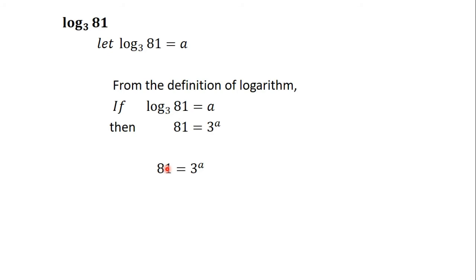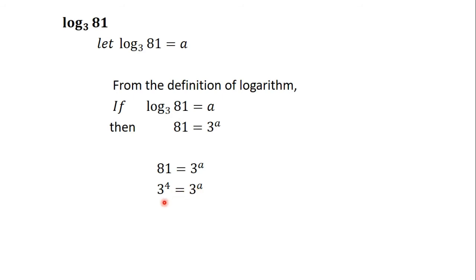From indices, we saw that we can express 81 in index form such that it has a base of 3, because 3 exponent 4 will give us 81. So if you write 81 in index form such that it has a base of 3, you have 3 exponent 4. And this is equal to 3 exponent a.